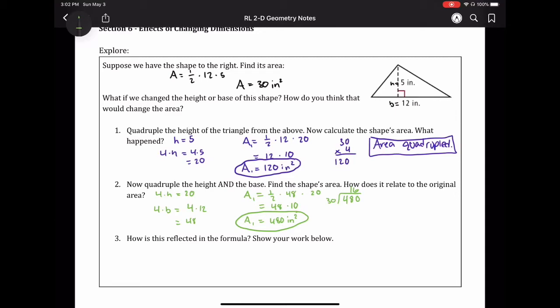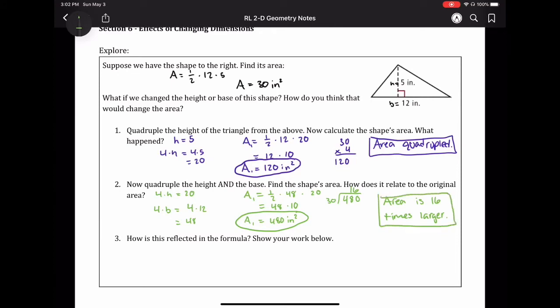So you're taking those two 4s that we used to quadruple the height and the base, and you're multiplying them together. So the area is larger by 16. It is 16 times larger. Let's write that down. Area is 16 times larger, or times the original size.